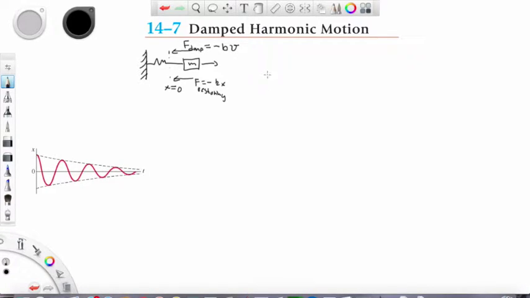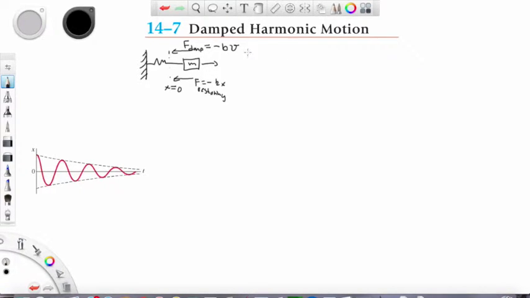A good example of such a damping force would be air drag, for example. That is directly proportional to the velocity, but opposite to the direction of the movement. Anyway, in this case, we see we have two forces acting on the mass.